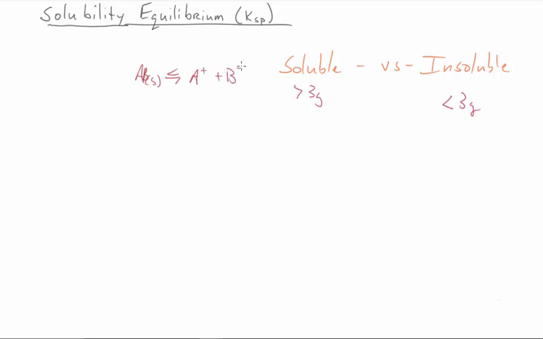If more than 3 grams dissolve, my Ksp for this situation is greater than 1, which means my products are favored, and I don't have very many of the reactants or the solid left by the time this dissolves. So we get full dissolution or dissociation of this ionic compound. But insoluble means less than 3 grams, so generally my Ksp value is less than 1, which means reactants are favored, and I don't get very many ions produced.